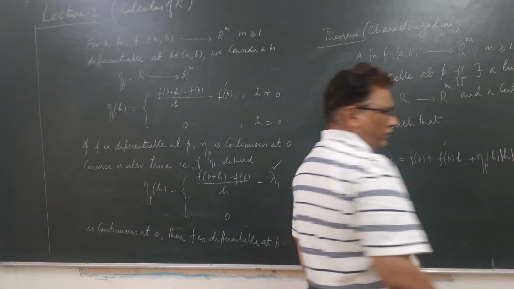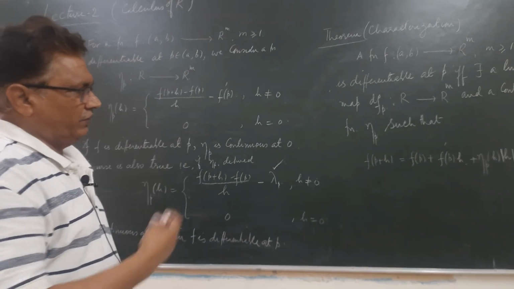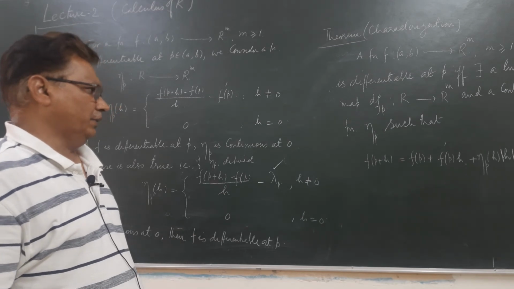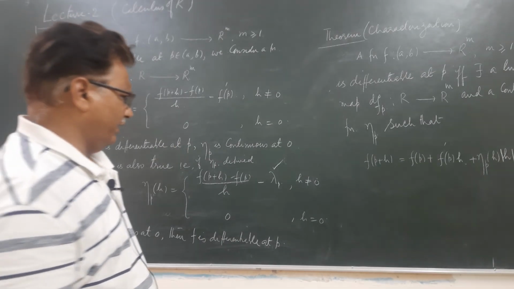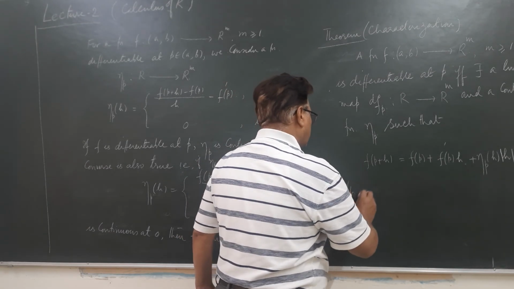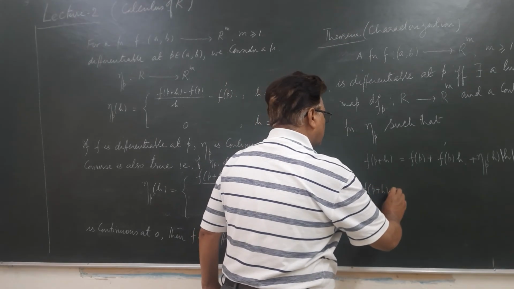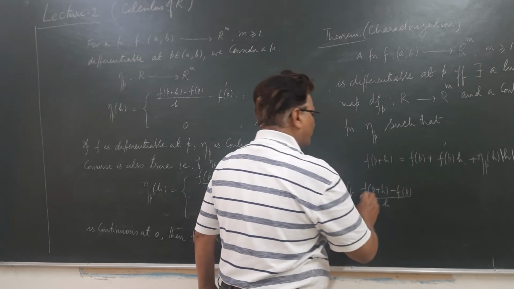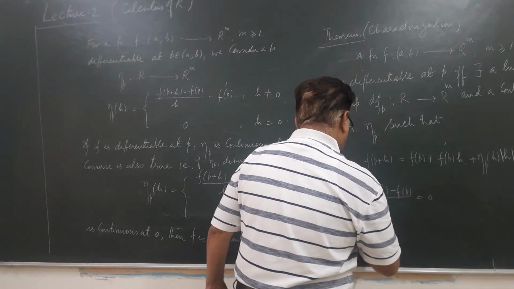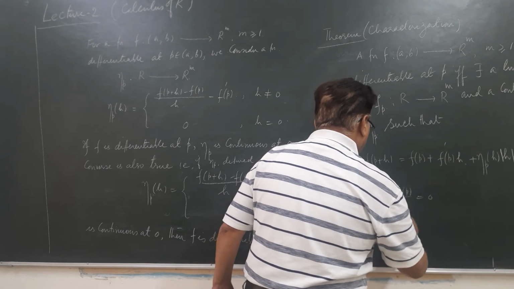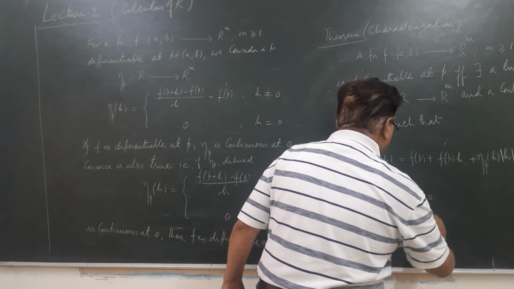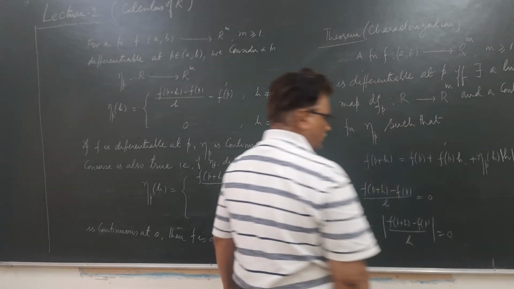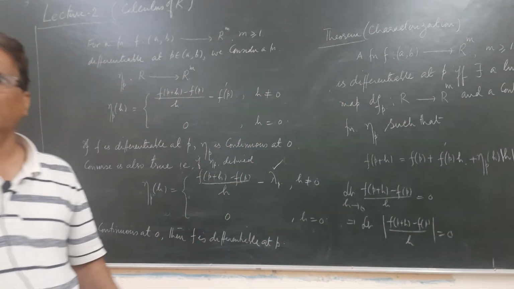Up till here no problem, you write h or mod h, doesn't matter, but when you go into the general case for functions from R^m to R^m, you will have to take the modulus of h. In fact, the limit of (f of p plus h minus f of p) upon h as h tends to 0 exists if and only if the limit of the modulus of (f of p plus h minus f of p) upon h exists.